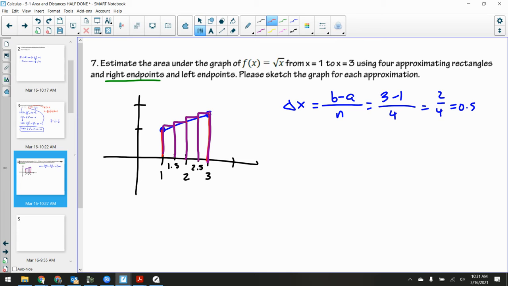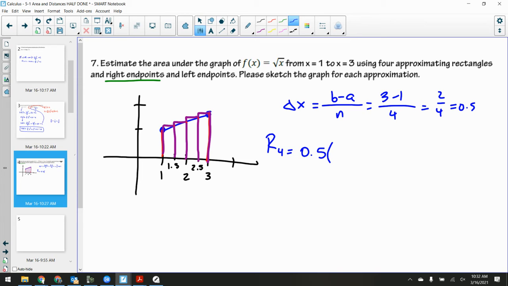The area is equal to, and I like to do it this way, I like to put my delta x out front and then write the sum of all the y values. Now, this is right side approximation. I'll use this notation, R4. Right side with 4 rectangles. All right, so now I want to find f of, do I want to use f of 1?